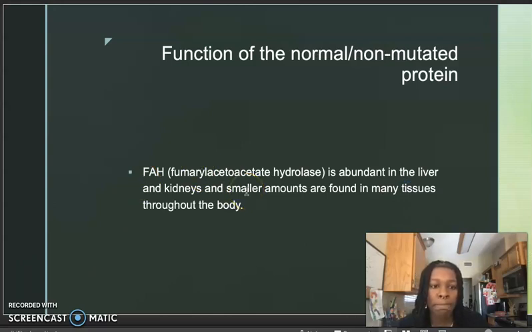So the FAH is the protein that is being mutated when someone is affected by tyrosinemia. I mentioned that earlier in the presentation. The normal functioning protein, FAH, is abundant in the liver and kidneys, and smaller amounts are found in many tissues throughout the body.